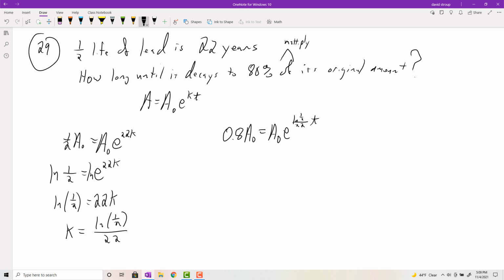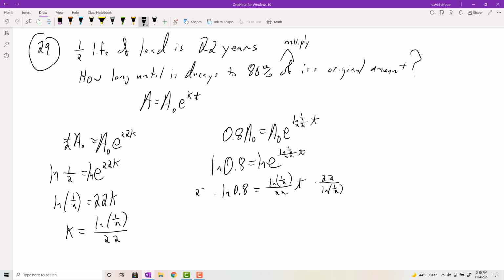So first divide both sides by A sub 0. Take the ln on both sides. The ln and e on the right side will cancel with each other, just giving you ln of 1/2 over 22, times t. And then you're going to multiply by the reciprocal of ln of 1/2 over 22. That's just 22 all over ln of 1/2 on both sides.